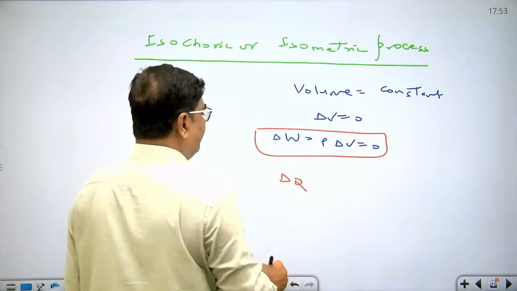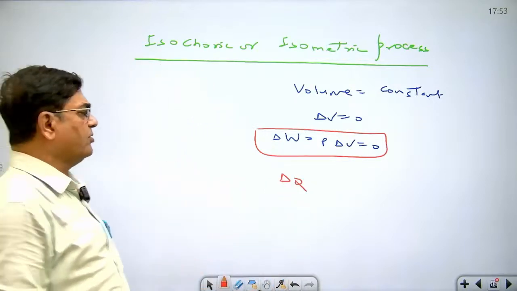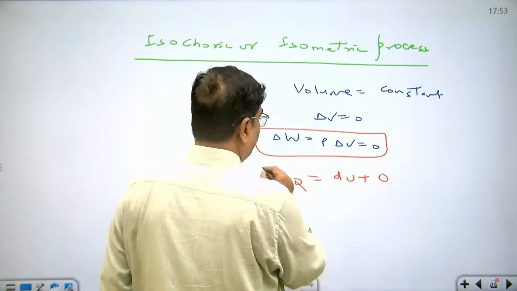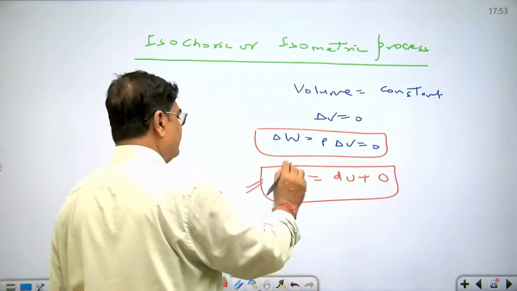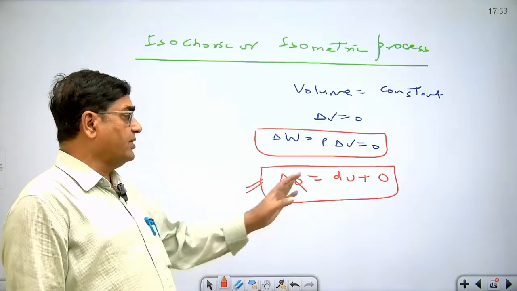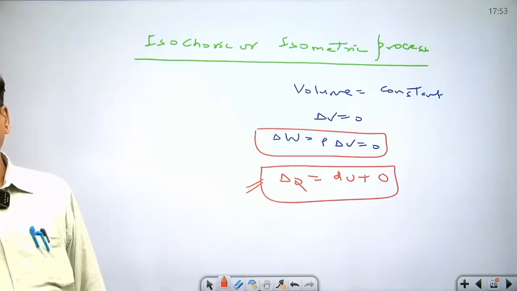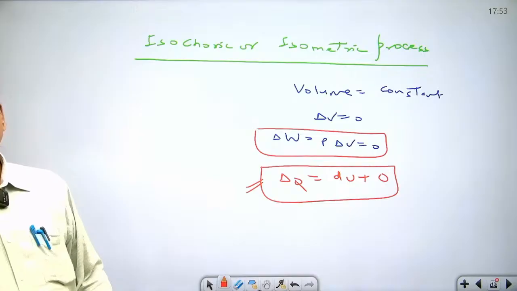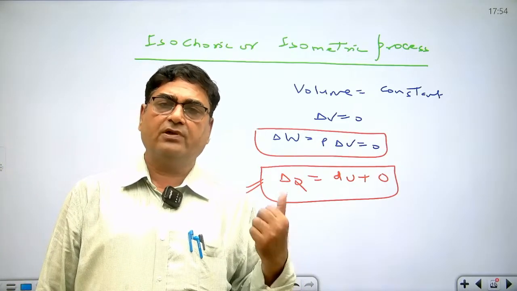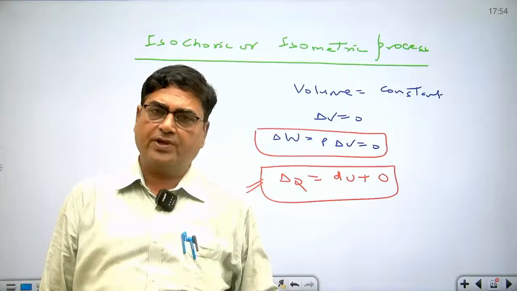So if we apply the first law of thermodynamics, we will get delta Q equal to dU plus delta W. So what is the equation we are getting? In an isochoric process, heat supplied to the system is equal to increase in energy of the system. Okay?